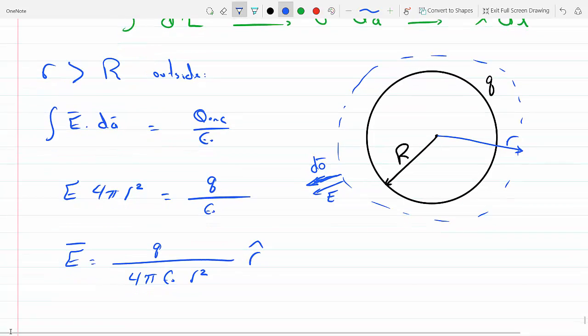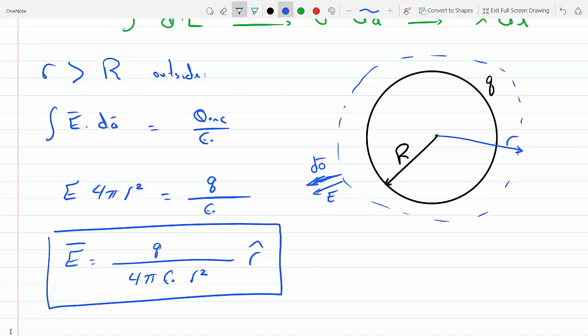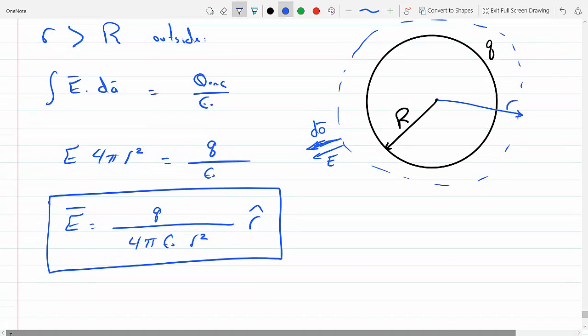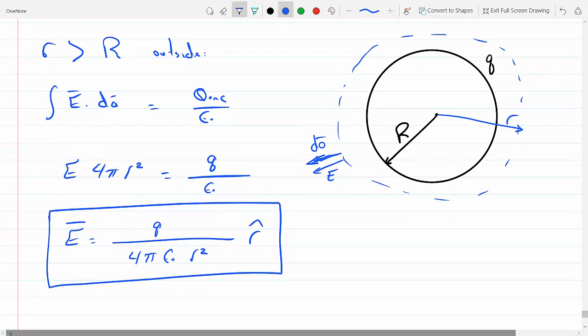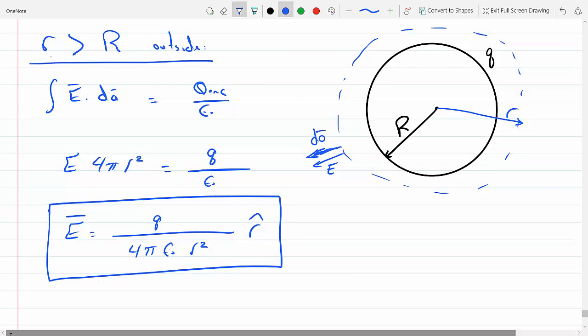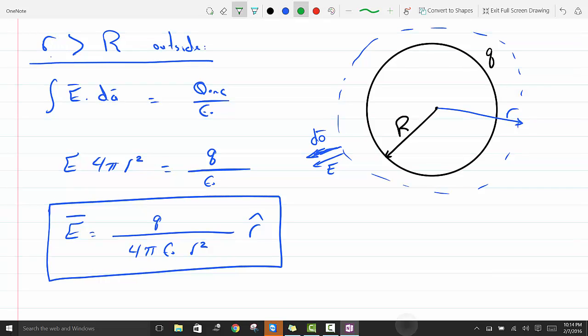This is in the radial direction. And so this is for outside. Let's go inside.